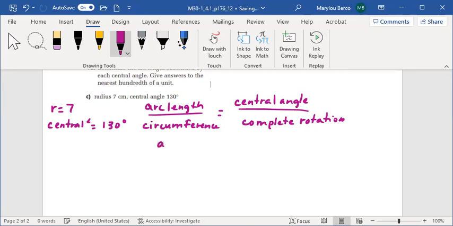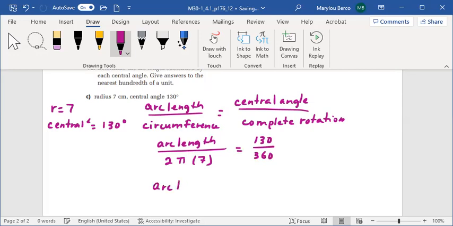So we have arc length over 2 pi by 7 is equal to 130 over 360.